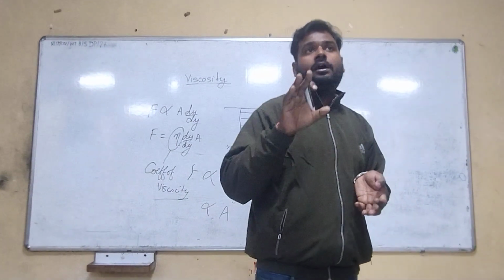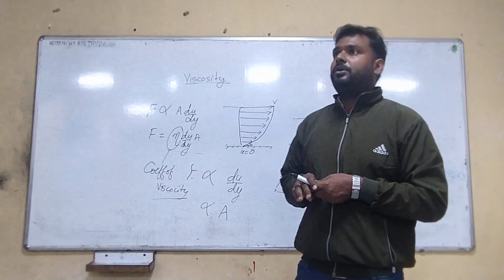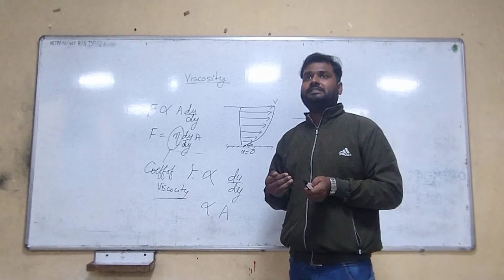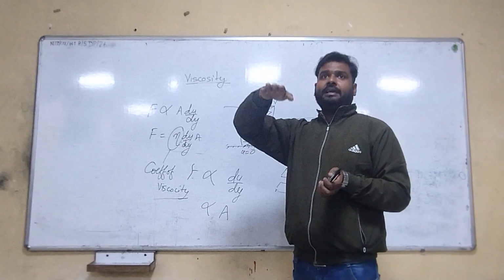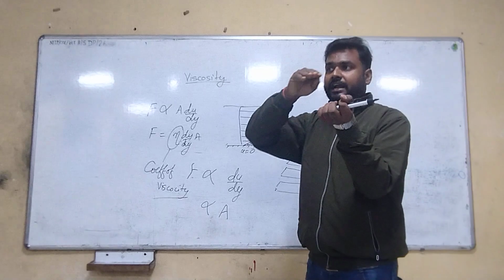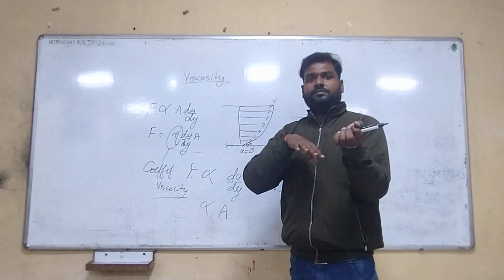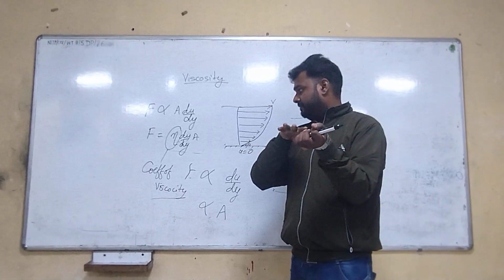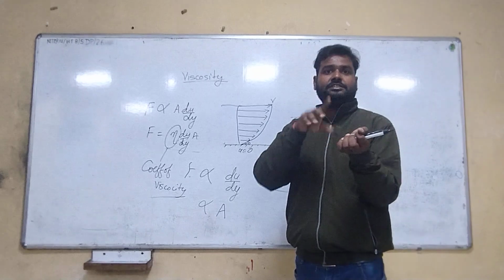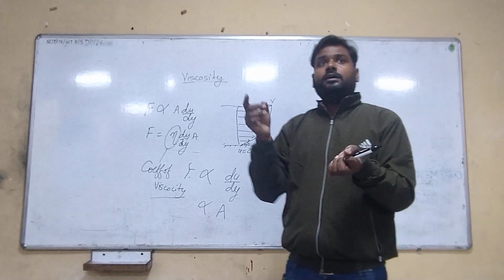There is a difference. Dynamic viscosity is when we apply a force over a layer and pull it, and the frictional force, the viscosity, comes into action.